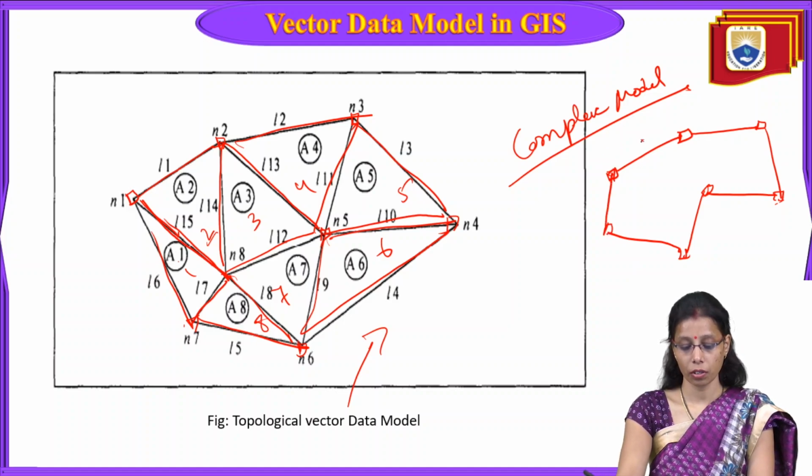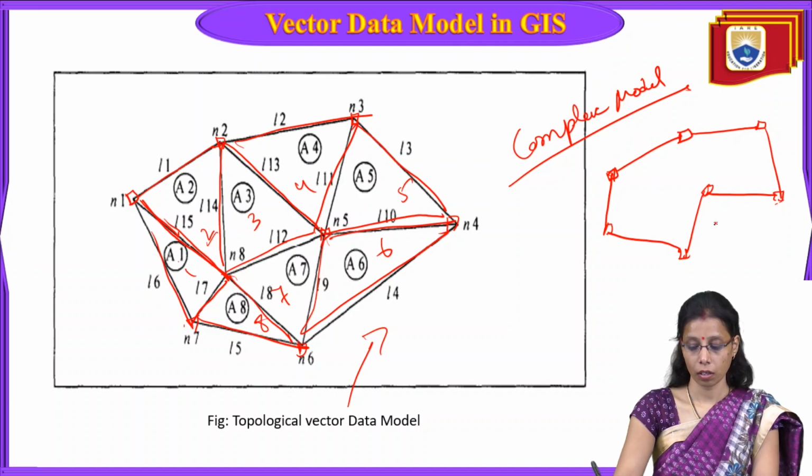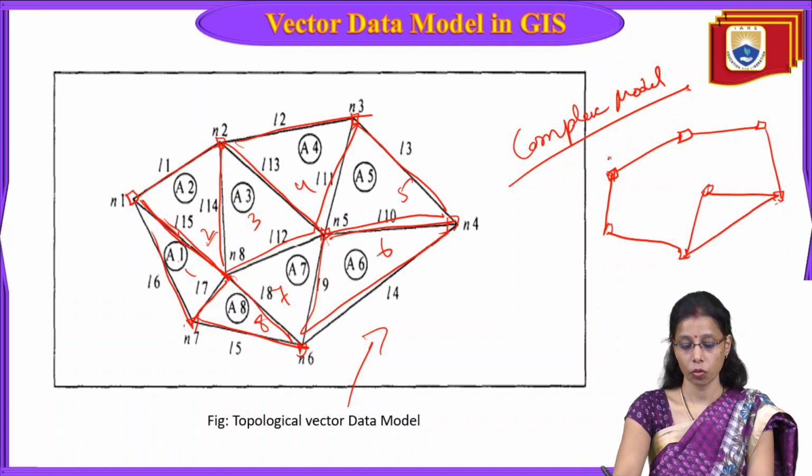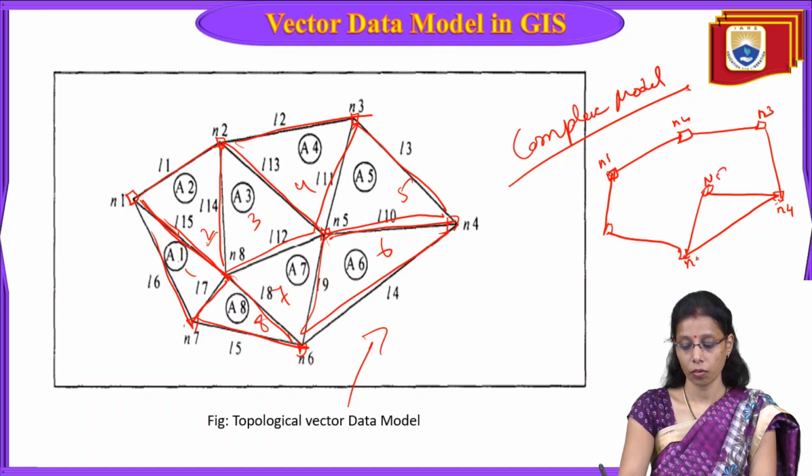This is how the polygon is made. Now it is combined like this. So this is node 1, node 2, node 3, node 4, node 5, node 6, node 7.